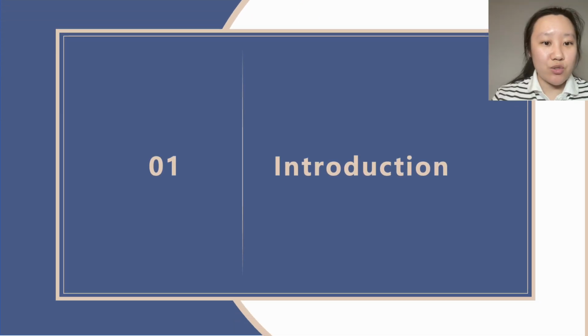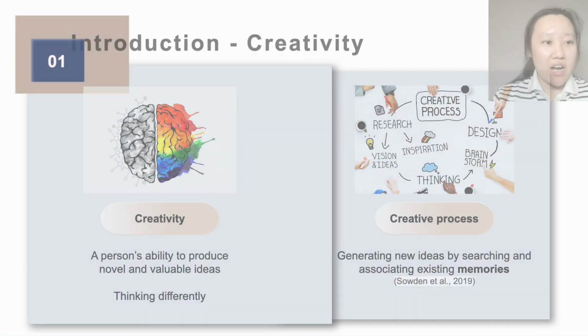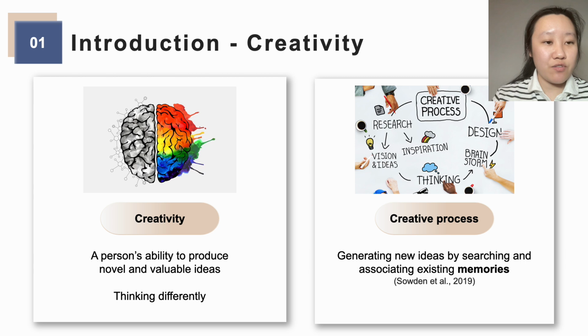Let's start with the introduction. I would start the introduction from a word called creativity. So what is creativity? Creativity is a person's ability to produce novel and valuable ideas. In other words, we will consider creativity is a human's ability to think differently.